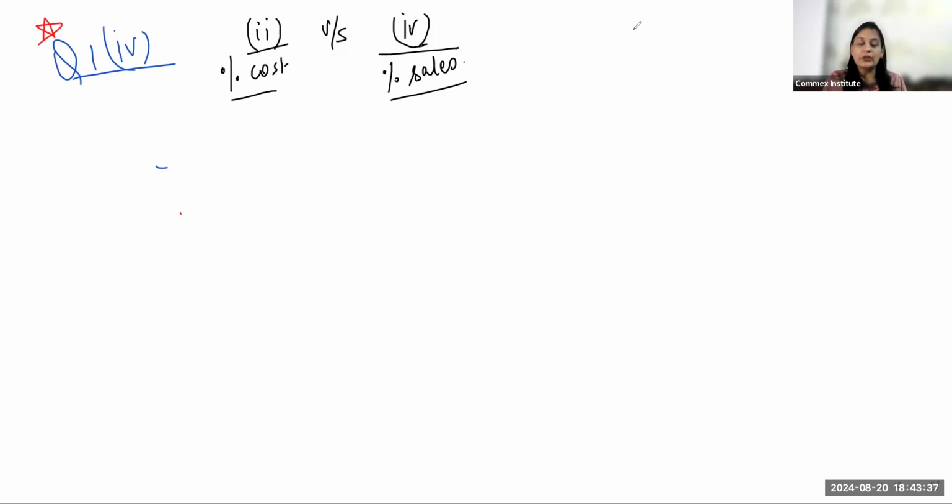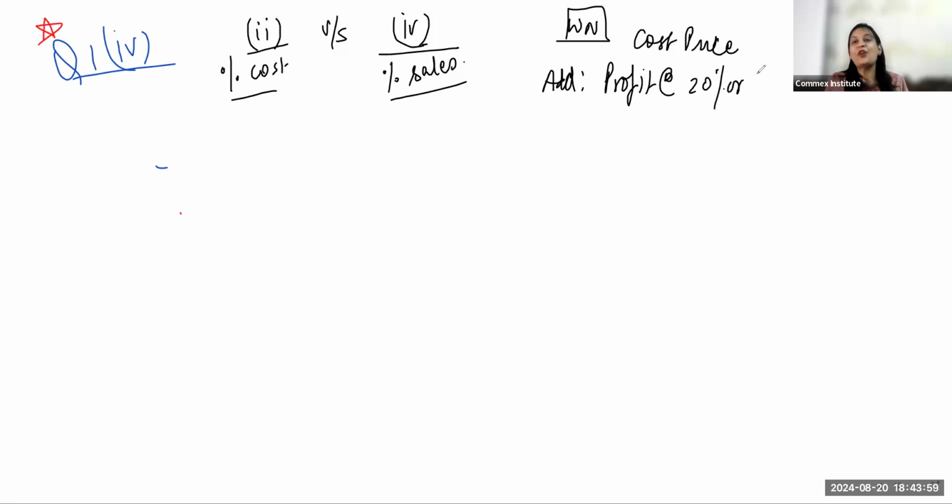Okay, so see how we are going to do it. Working note. My cost price, which I'm selling, the cost price of that is 1 lakh. To this, I'm adding profit at the rate of 20% on sales.